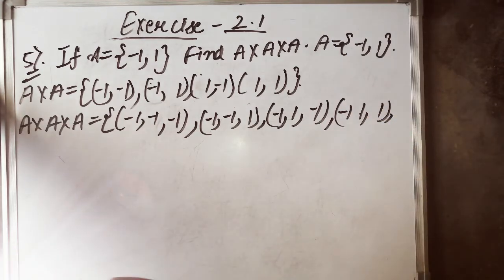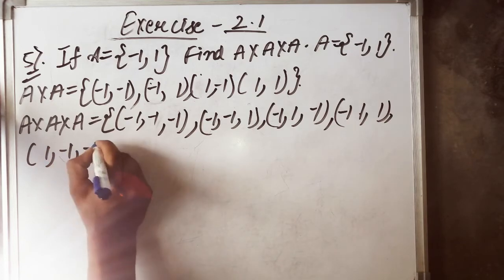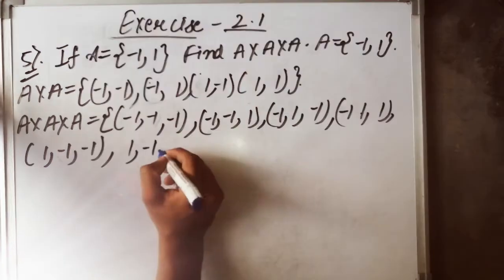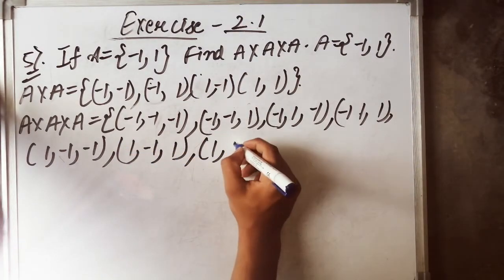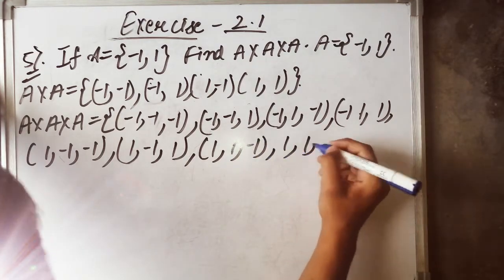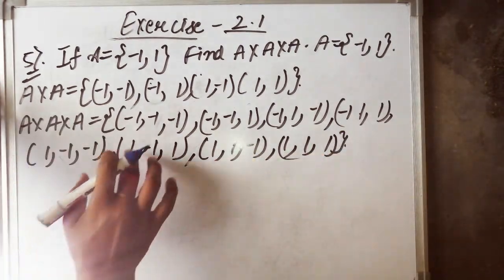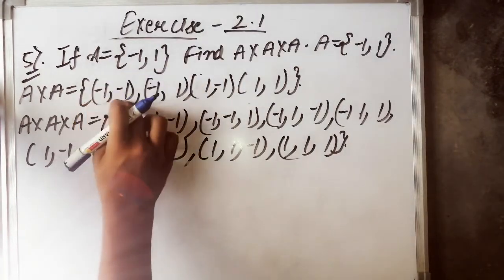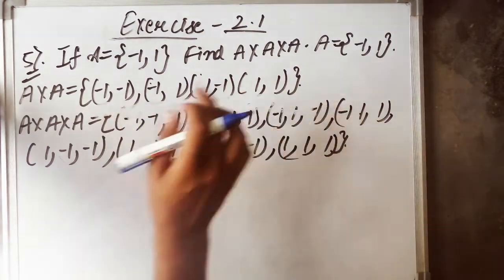Now after that we need to take this: (1, -1, -1), and after that (1, -1, 1), (1, 1, -1), and at last (1, 1, 1). If you want to verify this, you can verify by taking these pairs at first, then this first with this, and then with this, and doing the same.